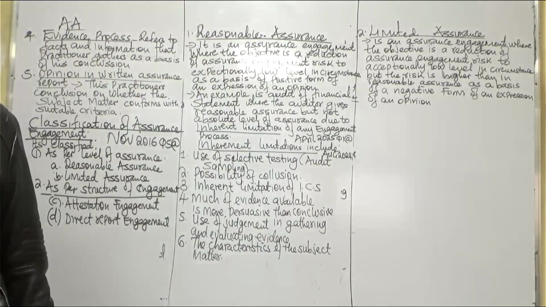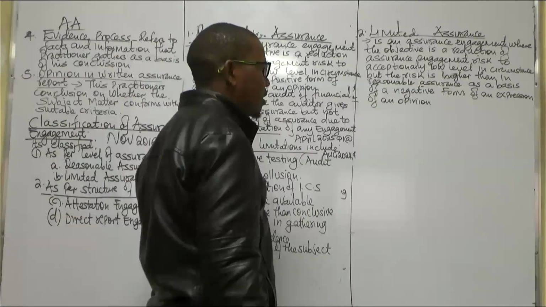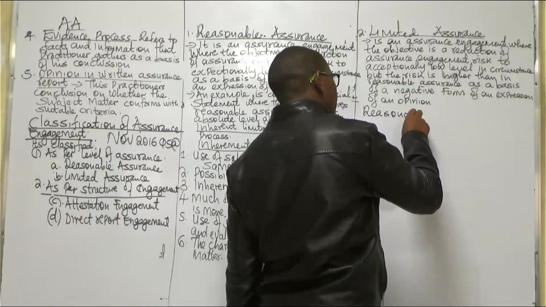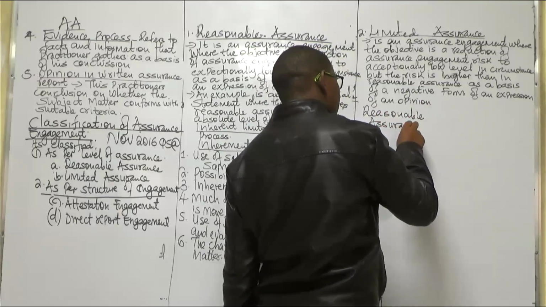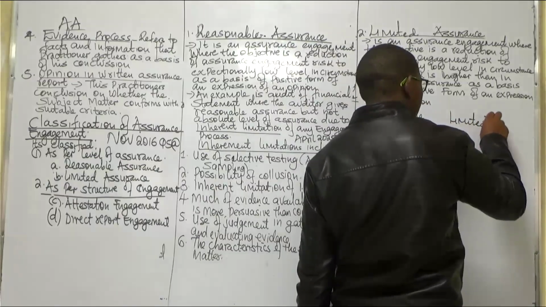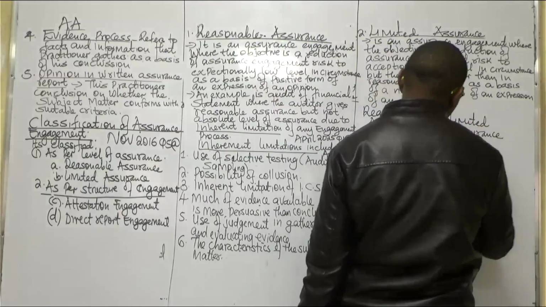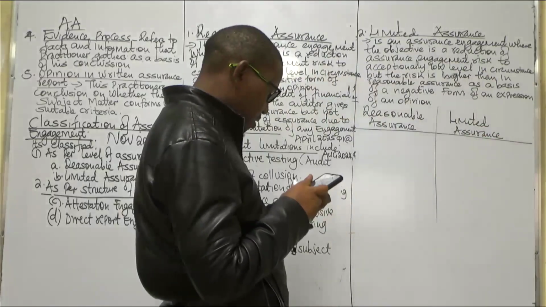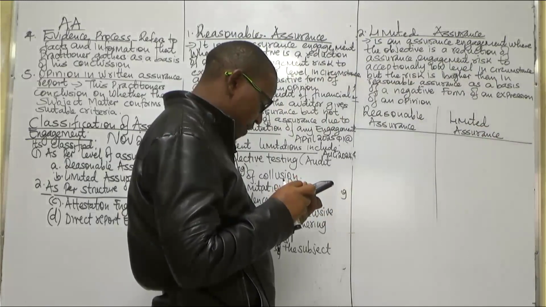Now we can talk about the distinction between the reasonable assurance and limited assurance engagements. The question that was there last sitting, if I'm not wrong, was it last sitting or December? Should be December.